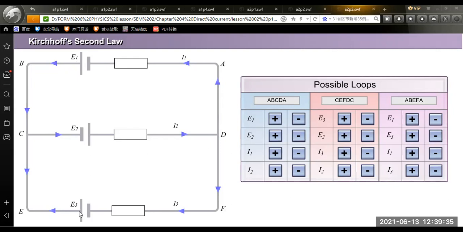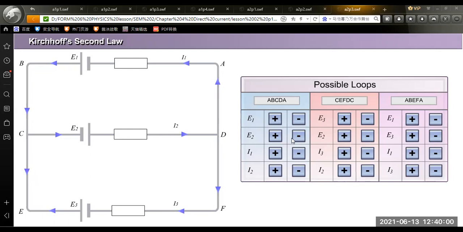Because the battery should be out in this direction, right? But this one, we need to change the direction. This direction is incorrect. This direction should be the opposite direction. Please correct the arrow for this one.